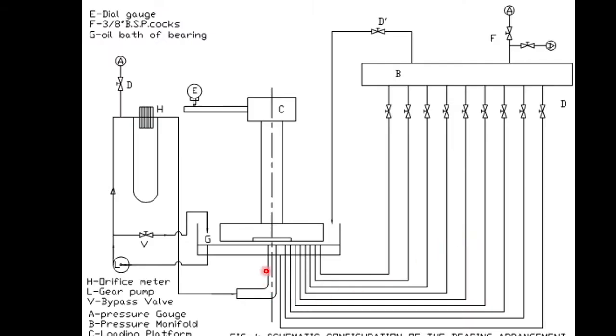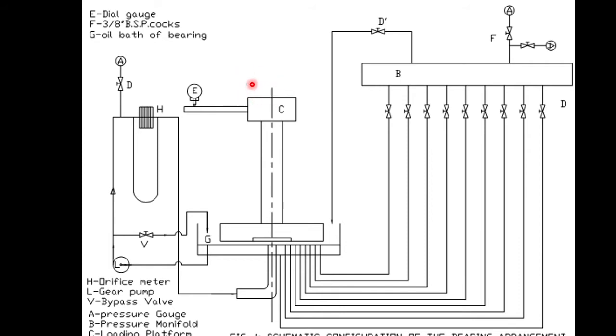Now another part, this is one part. To find out how much flow is coming through this, and in addition, what is not shown here is the weight part. This is a weight platform as well. So we can put some weight on this. This itself has some weight, and additional weight we can put on top of this.